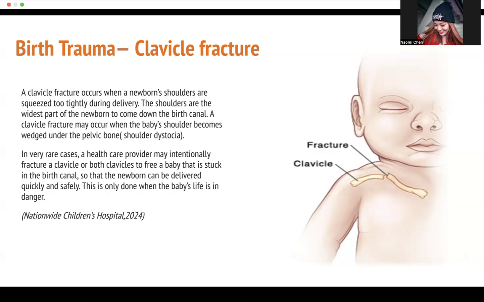Personally, I was in that very real case. My twin B was born in breech position, and my OB intentionally broke his collarbone in order to let him deliver safely. I will talk about it in more detail later.